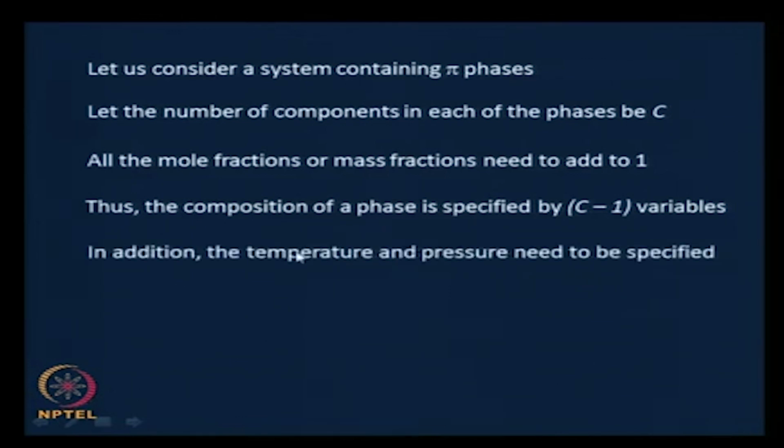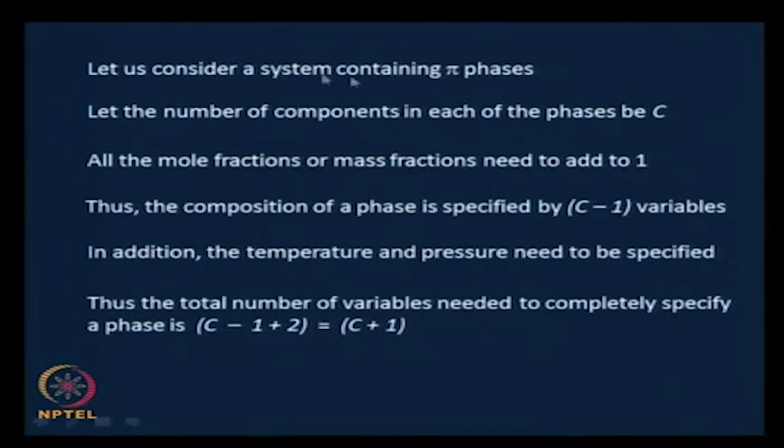In addition, the temperature and pressure need to be specified, because they are conditions of equilibrium. Equality of temperature and equality of pressure across phases are conditions that need to be satisfied for equilibrium, and therefore the total number of variables needed to completely specify a phase is C minus 1 plus 2, that equals C plus 1. That is C minus 1 variables of composition we saw, plus 2 variables, temperature and pressure.